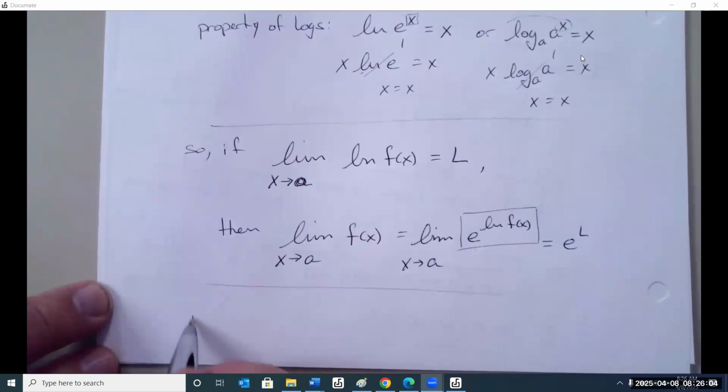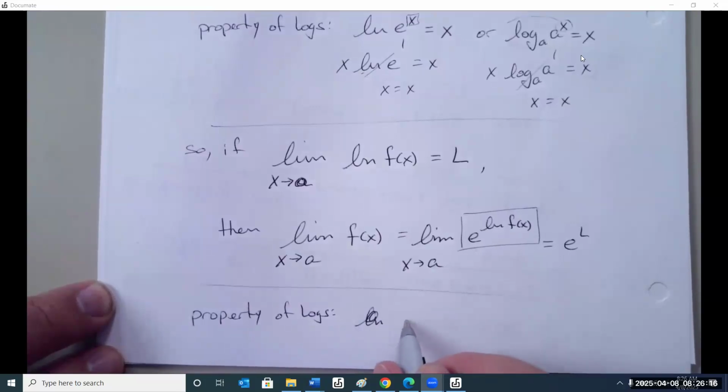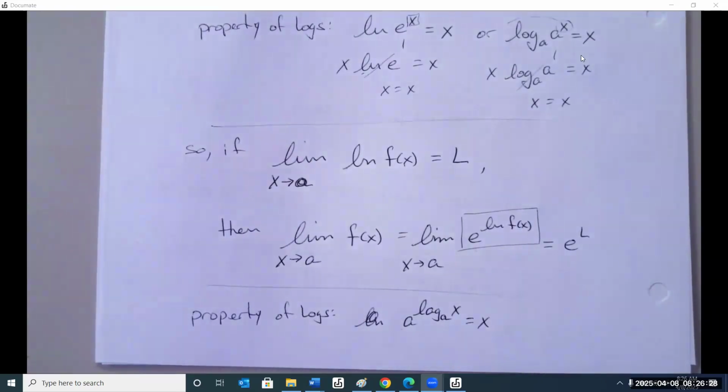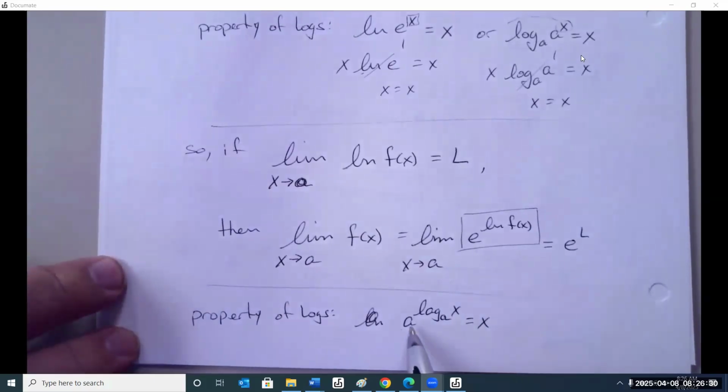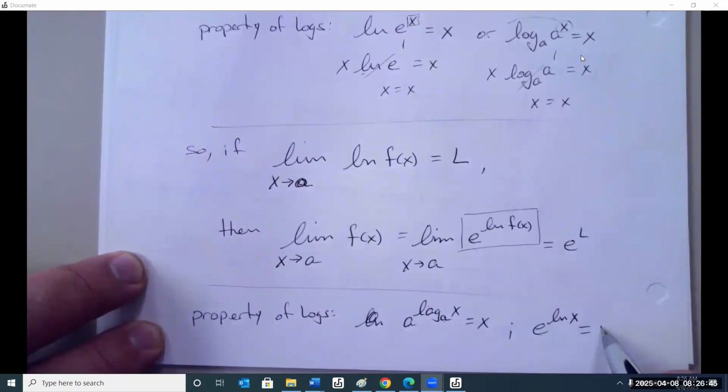Another property of log says that if the base of the logarithm and the base of the function are the same, then it equals x. So a to the power log base a of x is just x. Or e to the ln x, since e and ln are the same bases, it just becomes x.